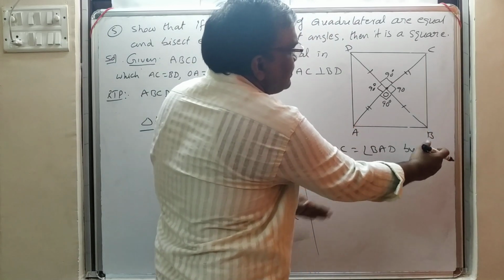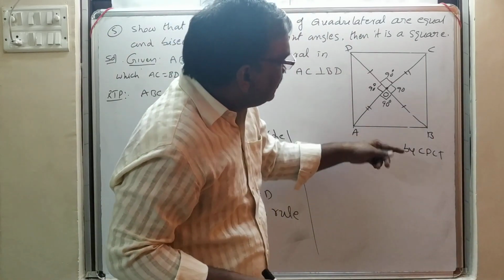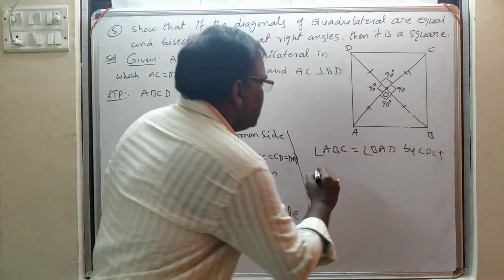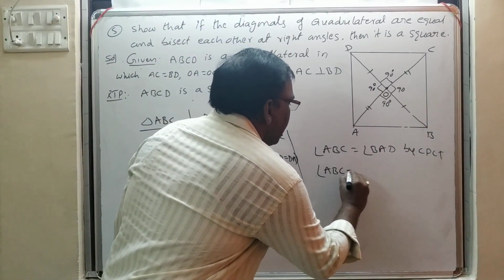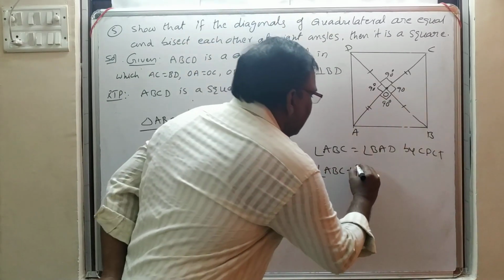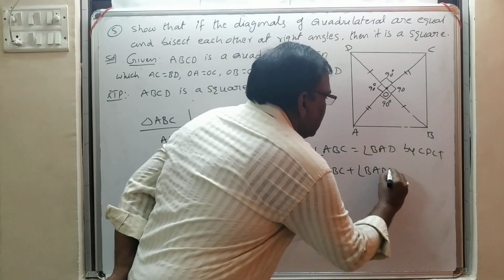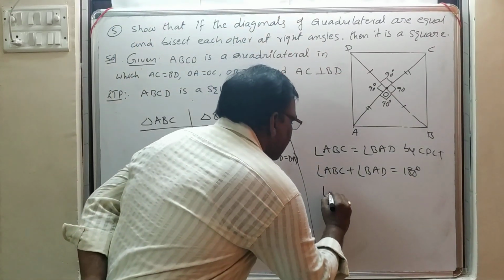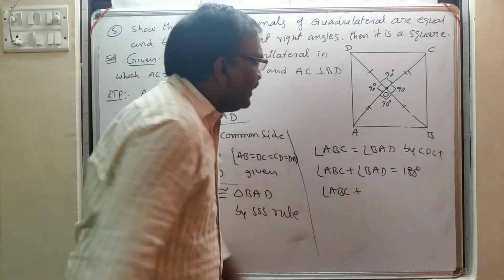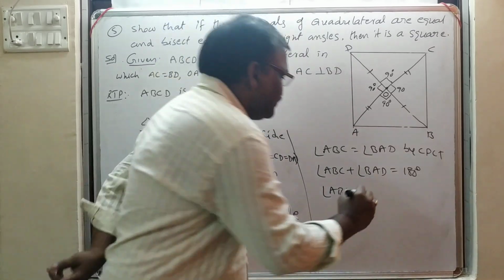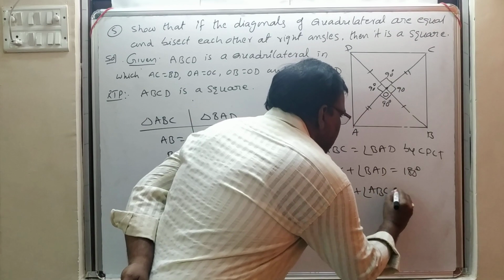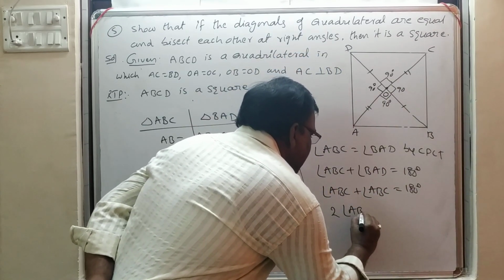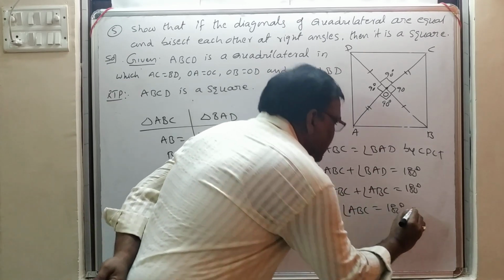Now what about the sum of these two angles? These are two parallel lines, so the sum of these two angles is 180. So angle ABC plus angle BAD is 180 degrees. Since the two angles are equal, angle ABC plus angle ABC is 180 degrees.